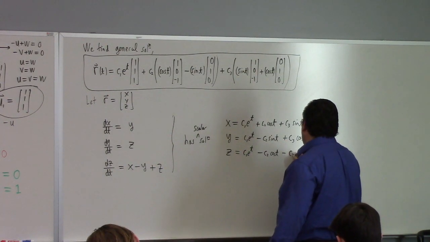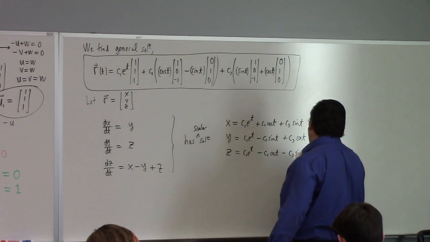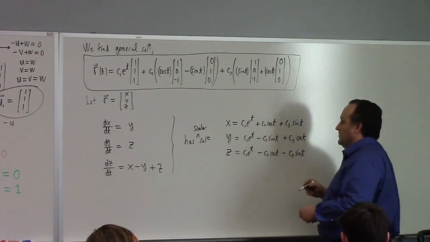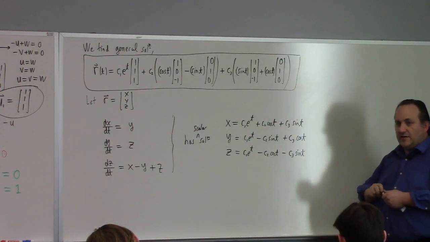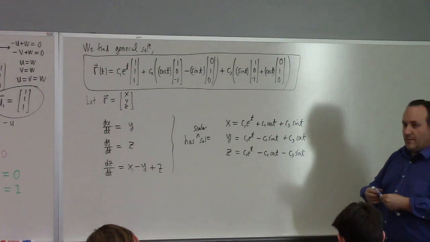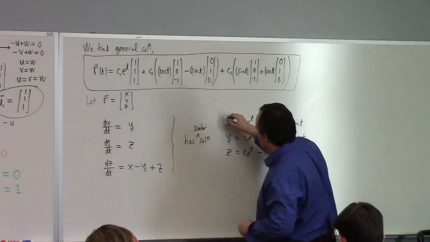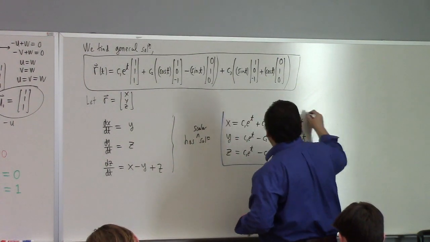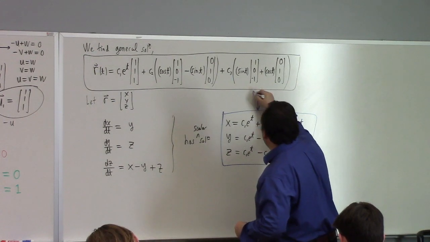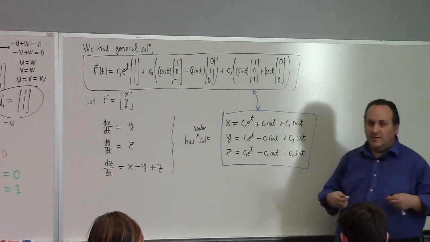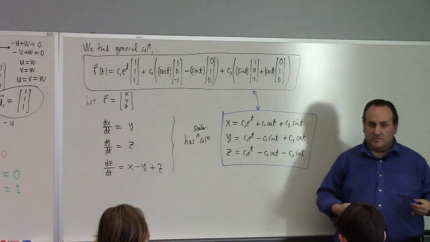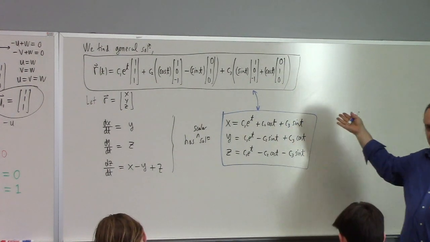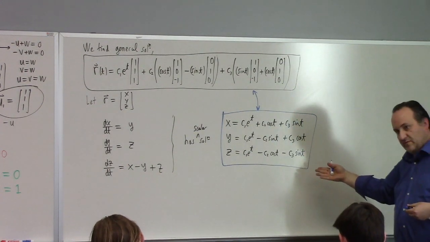And I'm sure there are professors out there who dogmatically insist that you write your answer in the form I'm about to put in the blue box. I am not that guy. I do want you to understand that this and that are two different notations for the same solution, right? That's the vector form of the solution. That's the scalar form of the solution.